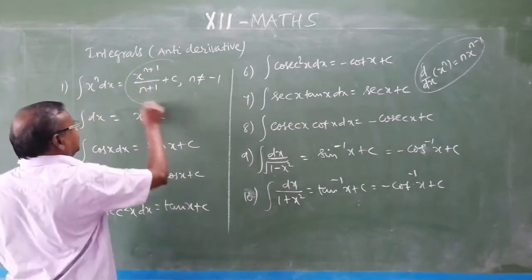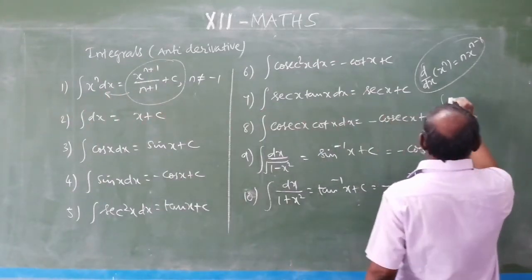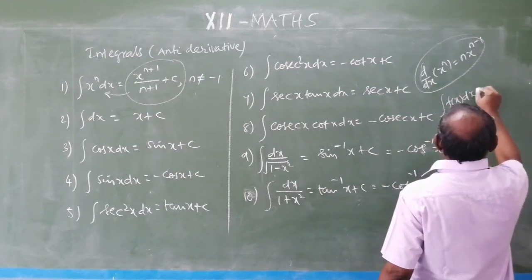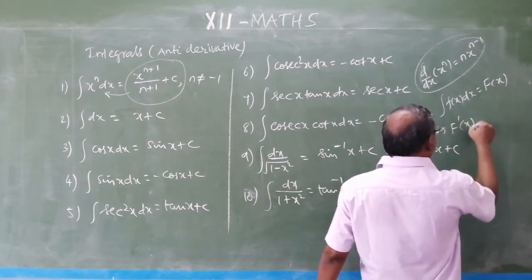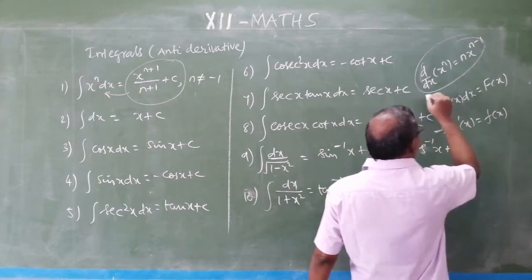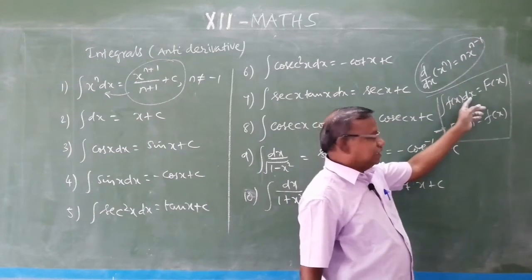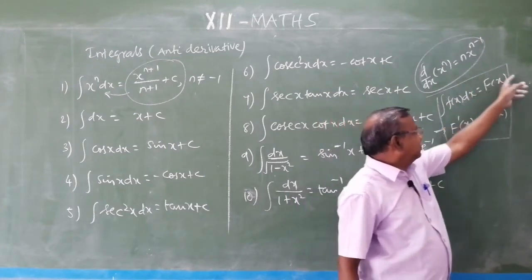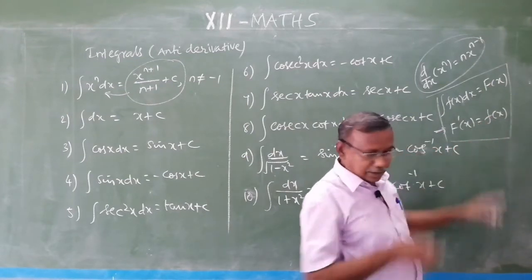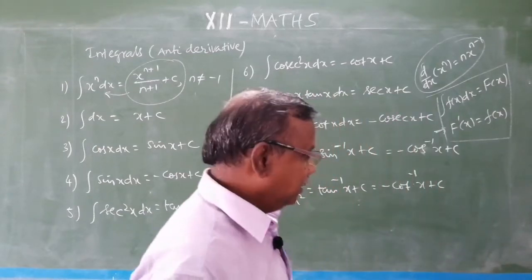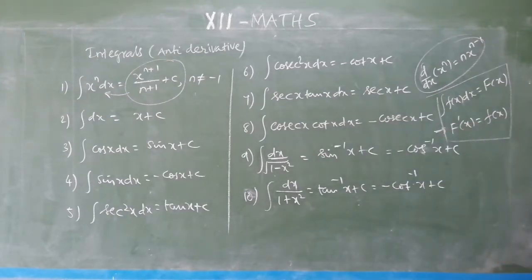If you differentiate this function, we get the LHS, that is, generally the integral of f of x into dx equal to f of x. That means we have f dash of x equal to f of x. So, this is the antiderivative. Generally, if we have the integral of f of x into dx equal to capital F of x, then if we differentiate that result, capital F of x, we need to get the function. Accordingly, if we differentiate x power n plus 1 divided by n plus 1 plus c, we get x power n only.